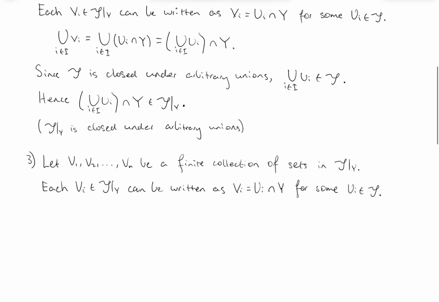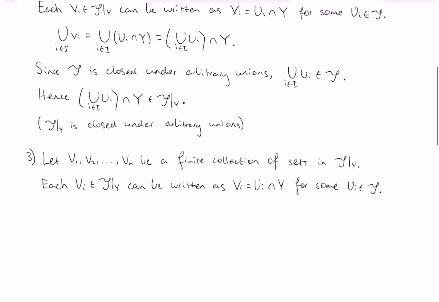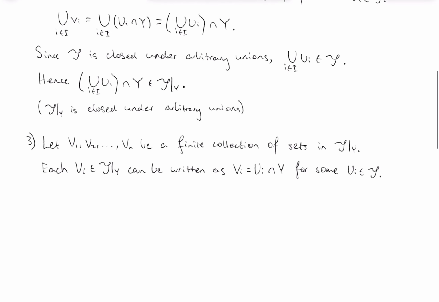So what should I do? We're going to take finitely many of these. So not arbitrary index sets anymore, because we want a finite amount. This is the way we write it: i equals 1 up to n of these Vi's. And each Vi is written in this way.